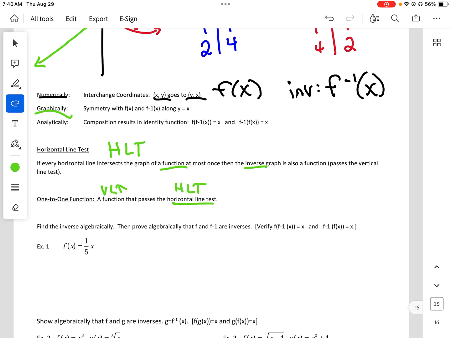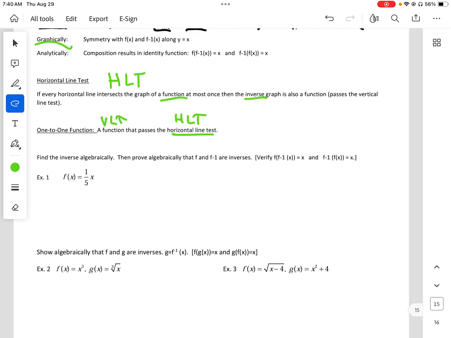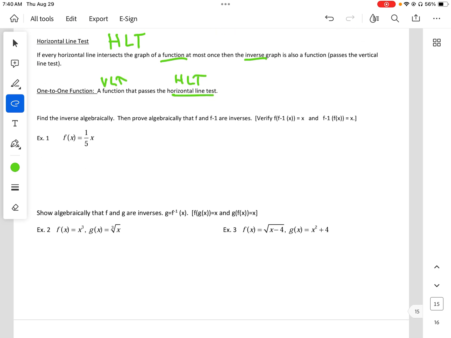Let's look at algebraically how to determine the inverse function. I'm going to rewrite this 1/5 x as x over 5. If we plug in y equals x over 5, to find the inverse, I'm going to switch the x and the y.